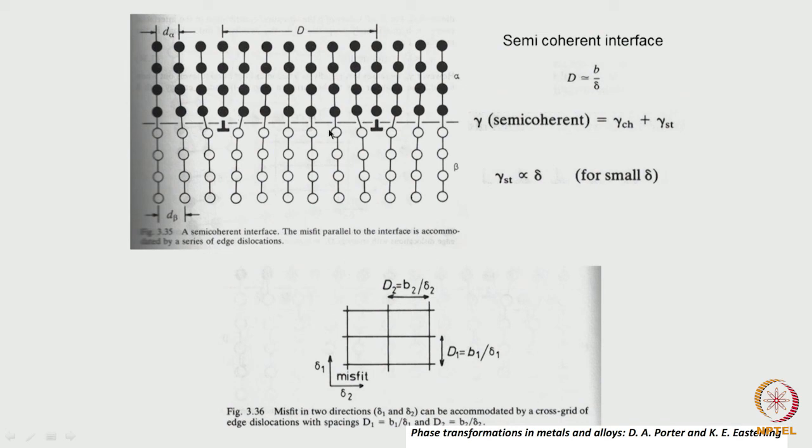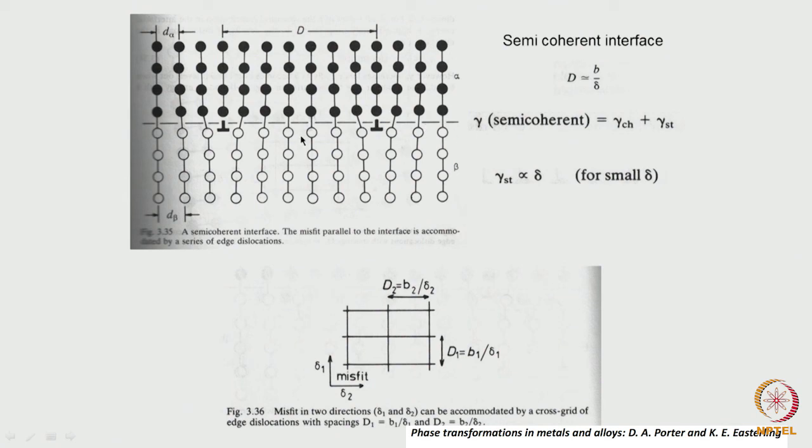And if we know the misfit strain, then we can find out what b by d will give, that is, the spacing between the dislocations which is going to come at the interface. That also we can calculate.